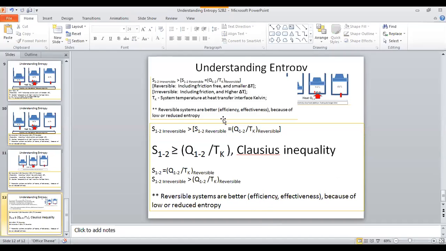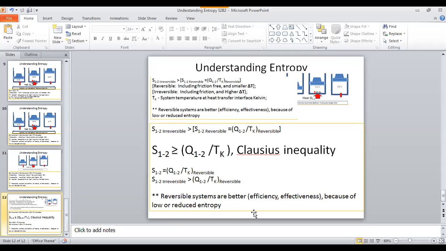So I think step by step we easily moved to this level, thanks to this property table. Otherwise, if I just mentioned this as a Clausius inequality, you would accept it because Clausius said, not because I said. But now we have a basis for this.